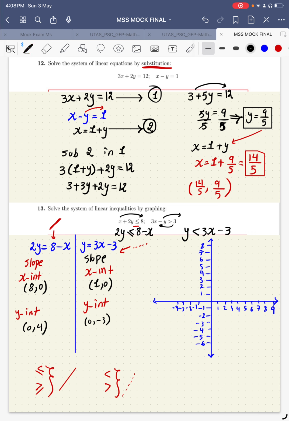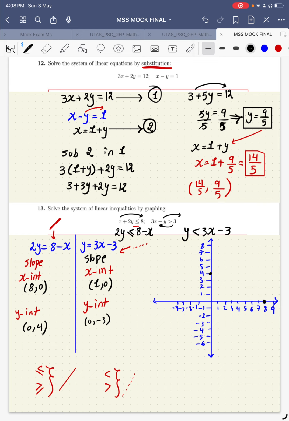The first line gonna be 2y equal 8 minus x. We know the x-intercept is 8 and 0, and the y-intercept is 0 and 4, which is here.